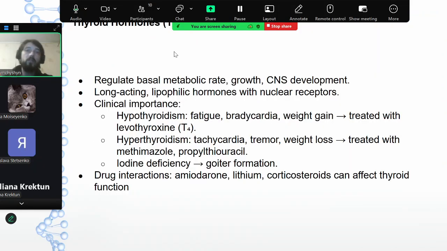And they regulate basal metabolic rate, growth, and CNS development. So if we have certain problems with iodine, that may cause a lot of troubles, including troubles developing the central nervous system. So they are lipophilic hormones with nuclear receptors. So they also may cross the membranes and activate or deactivate things.